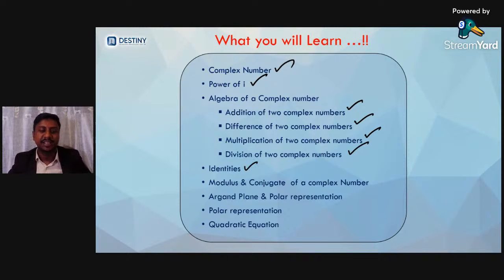Identities பார்த்தாச்சு. Modulus பார்த்தாச்சு. Conjugate பார்த்தாச்சு. Argand plane பார்த்தாச்சு. Polar representation பார்த்தாச்சு. Quadratic equation பார்த்தாச்சு. The full chapter over. I hope that you have understood easily. So இது மாதிரி ஈஸியா நம்ம கத்துக்கலாம். ஃபைன்.